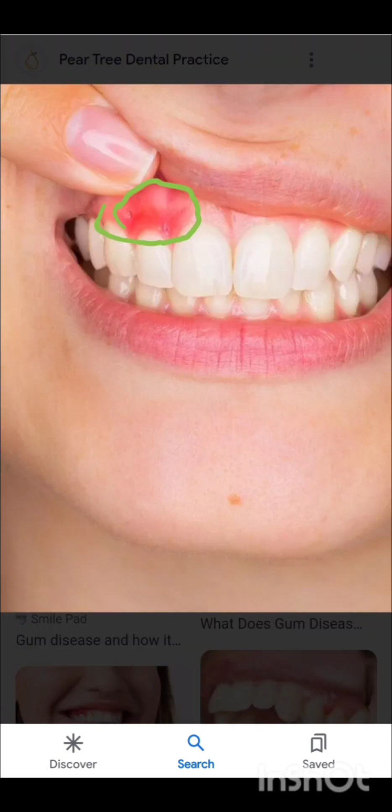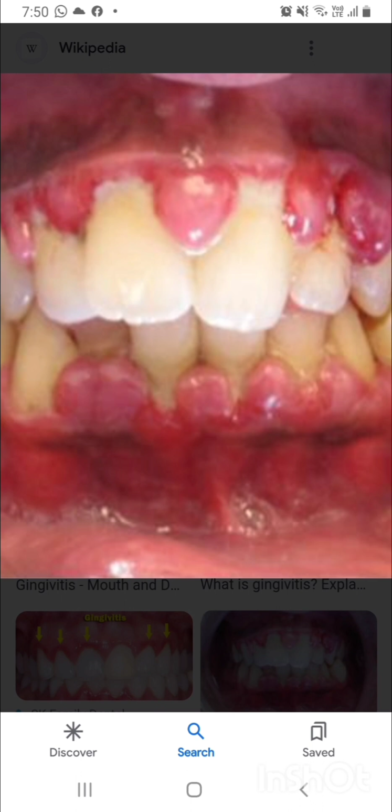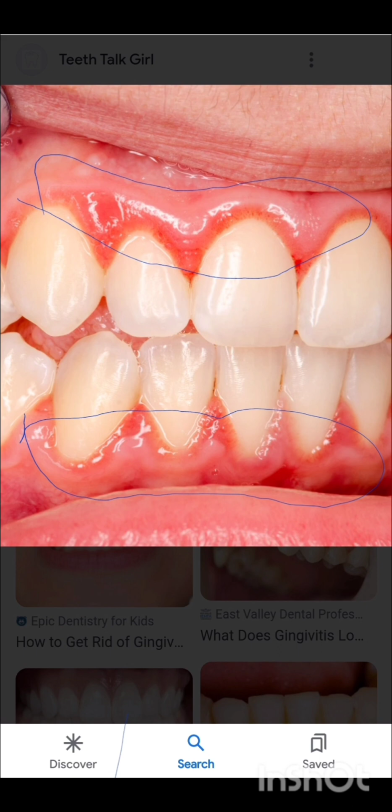And then another thing we are going to look at is avoiding traumatizing the gum. Okay?